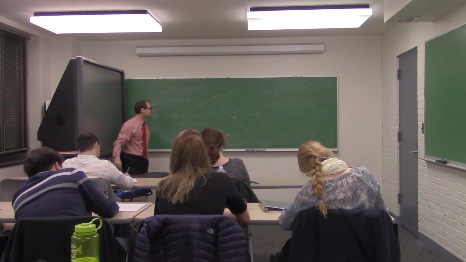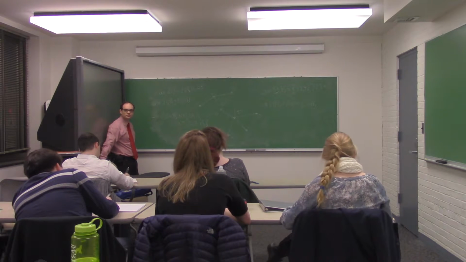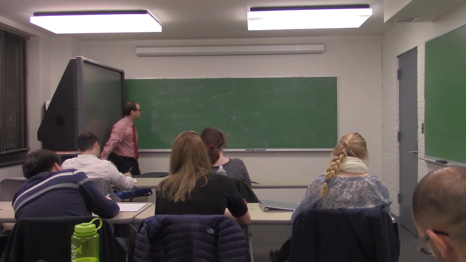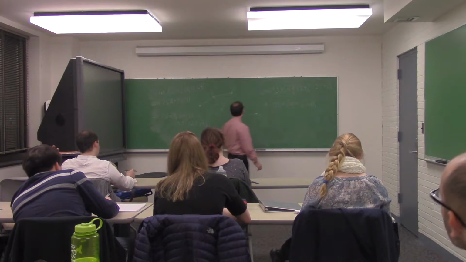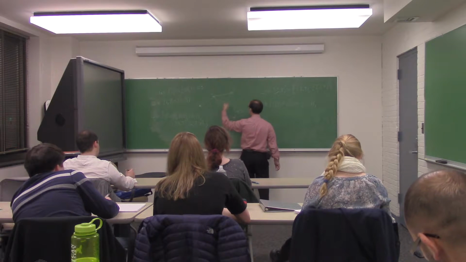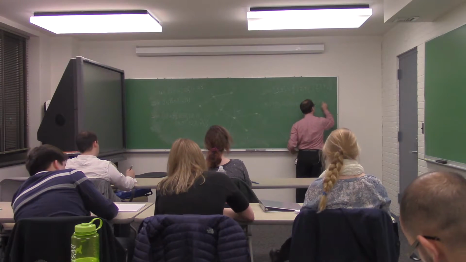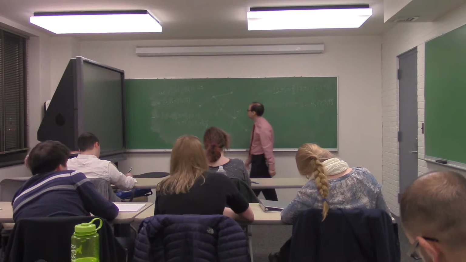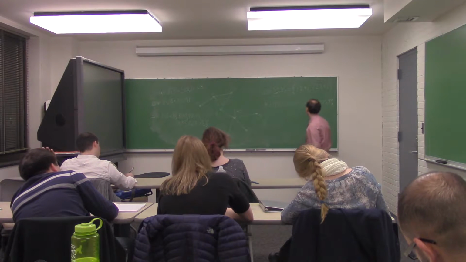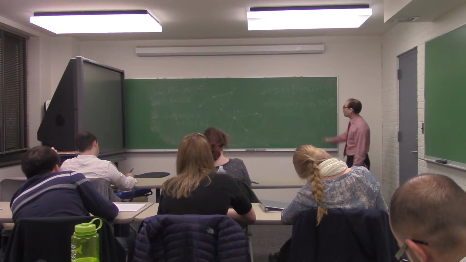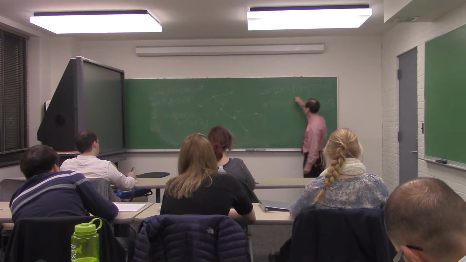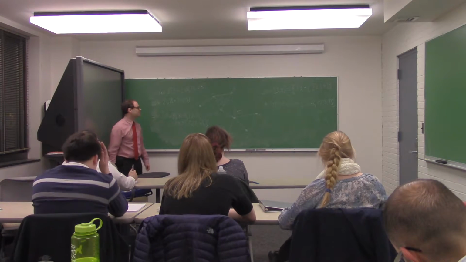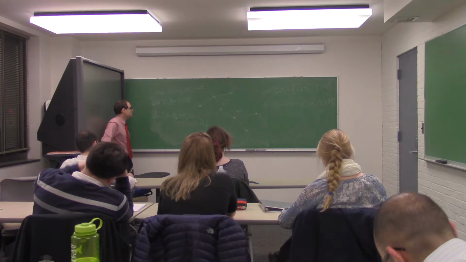Is 2, 4 in the intersection of those two stars? No, it doesn't include 3, so that's out. 2, 3, 4 though does, you're right, so 2, 3, 4 is in there. And that's it. There's nothing more in there. And if you look at that, this is pretty clearly sitting just on top of 3, 4. You can walk around and do this kind of thing, pretty general. This is why it works. This gives you a topology.